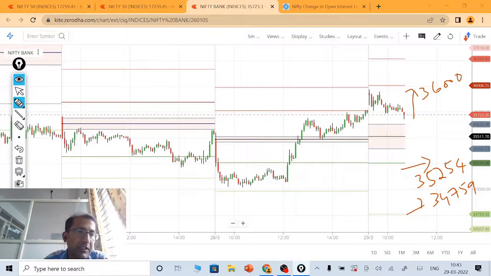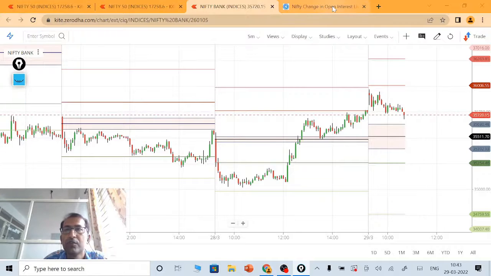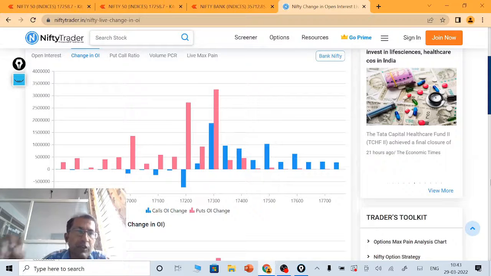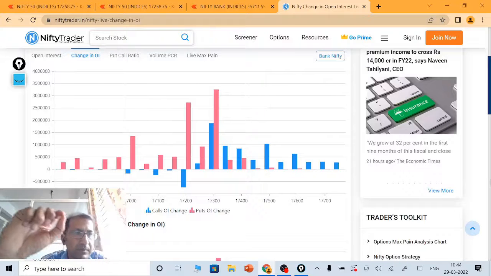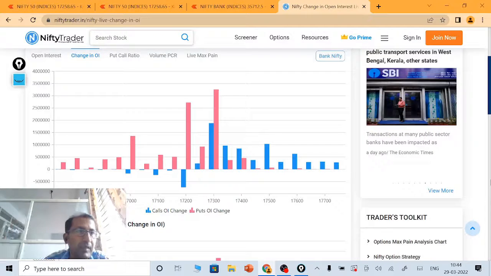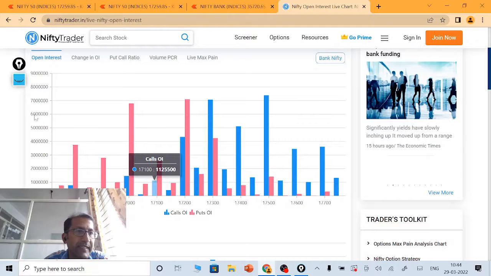Now let me come to the open interest data for the day. You can see the highest put build up. Open interest is open on your screen.